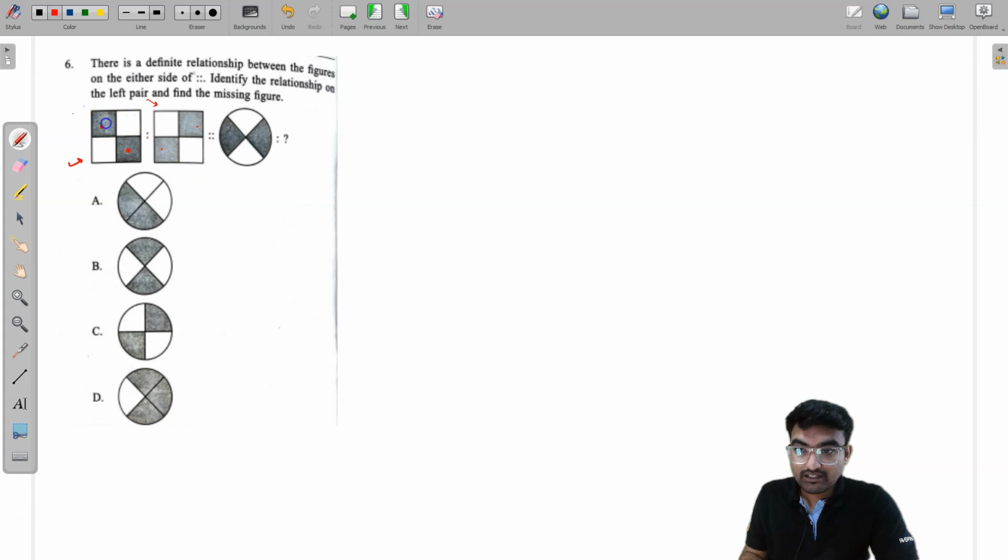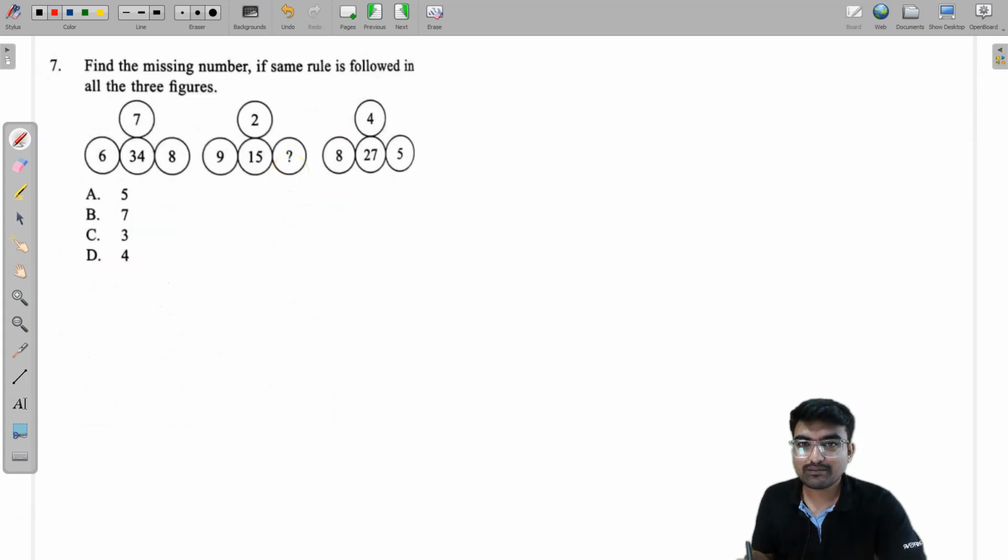But all the remaining ones that were painted in the first figure are not painted in the second figure, and the shaded region is now white. A similar pattern will be followed in the second case. The shaded portion will become white, and whatever the white portion was, it will get shaded. So option B suits the most. Correct?